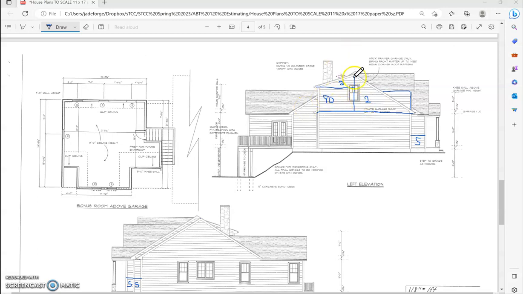And then this small area right here that we don't have to do ×2 because it is both sides. 8, 9, 10. So I'm getting 10 foot wide by about 5 feet. I would say 10 times 5. Okay, 10 times 5, so 50 square feet. All right, great. So we have 2 sides there.